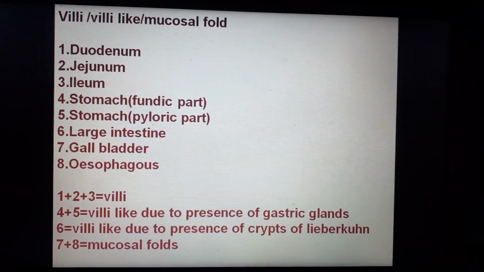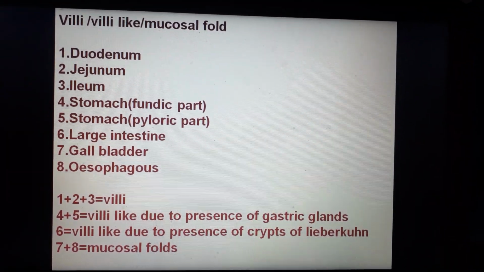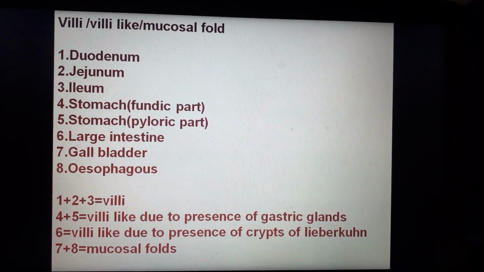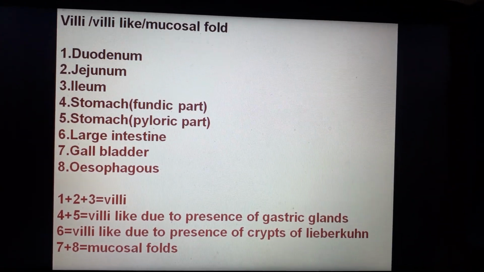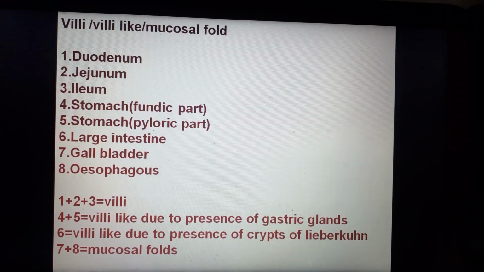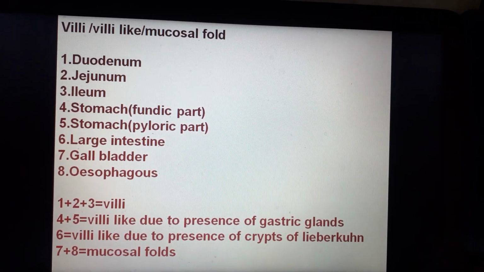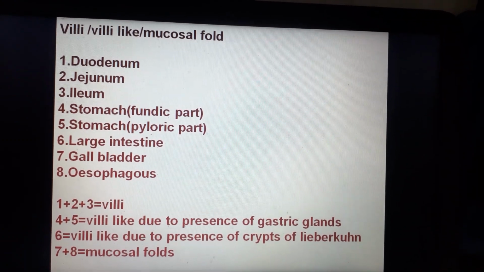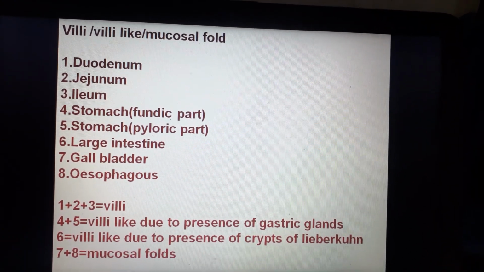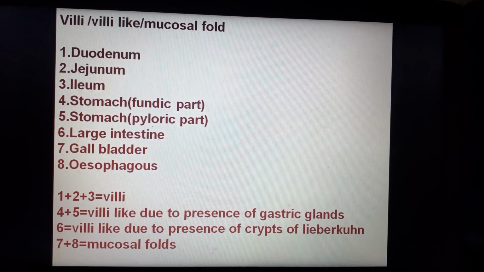These are present in the duodenum, jejunum, ileum, stomach fundic part, stomach pyloric part, large intestine, gallbladder, and esophagus. 1, 2, 3, that is the duodenum, jejunum, and ileum, it is villi, that is the protrusion of the mucosa.